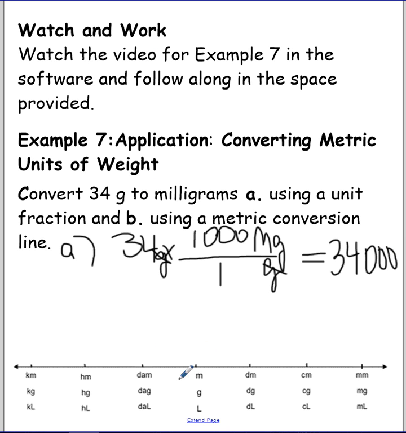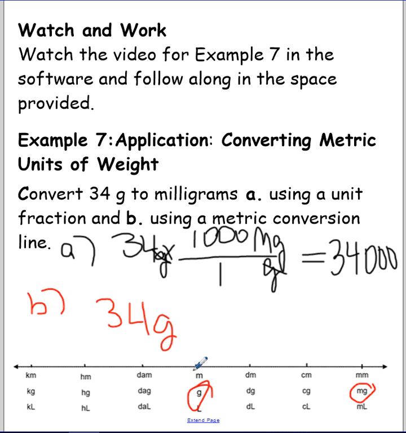If we're using our conversion line, we're going to take our 34 and we're going to find grams on our line. We need to go to milligrams, which is back here.